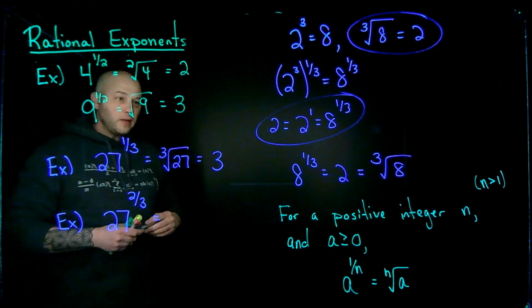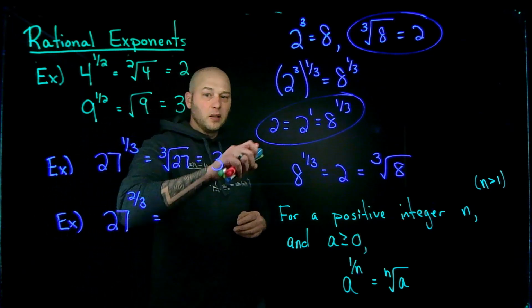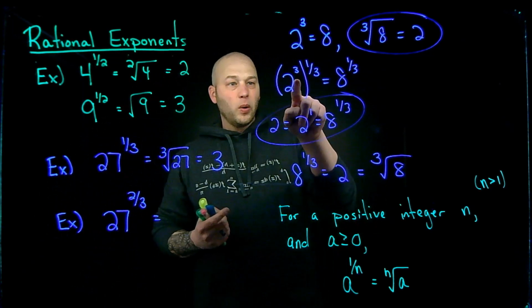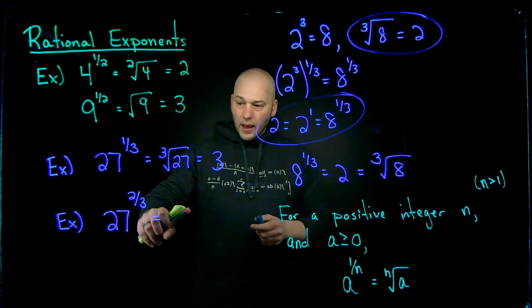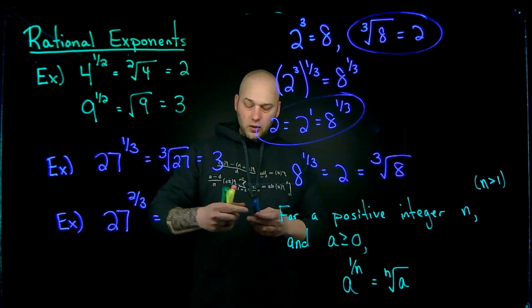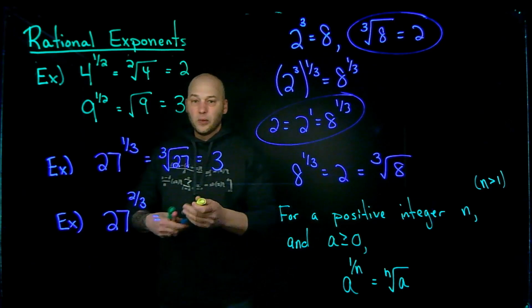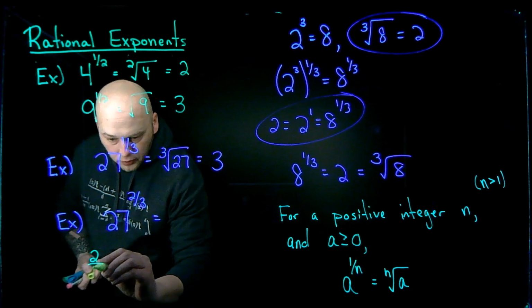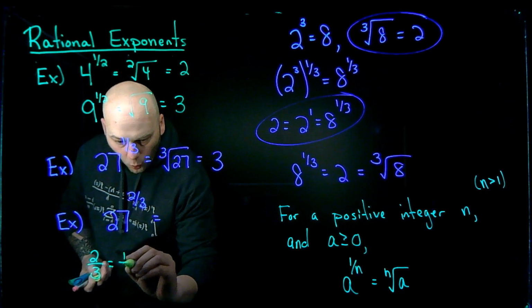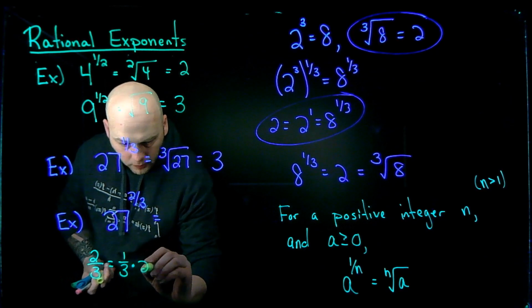Now, the property of exponents I'm going to use is actually illustrated over here. Remember, a power to a power we multiply? Well, that means I can rewrite 27 to the 2/3 as follows, keeping in mind that 2/3 can be written as 1/3 multiplied by 2.